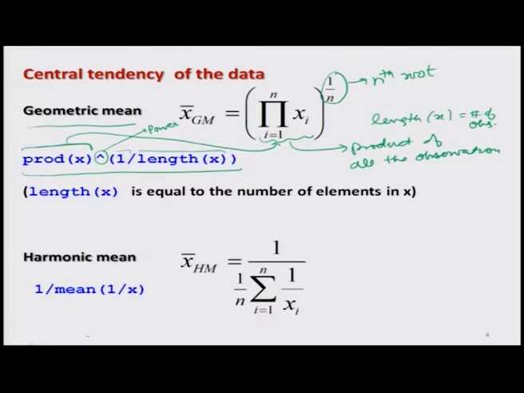So, in case I take its power by using the symbol hat, then inside the bracket I use 1 upon length of x, which is denoting this quantity. So, this is how one can compute the geometric mean.